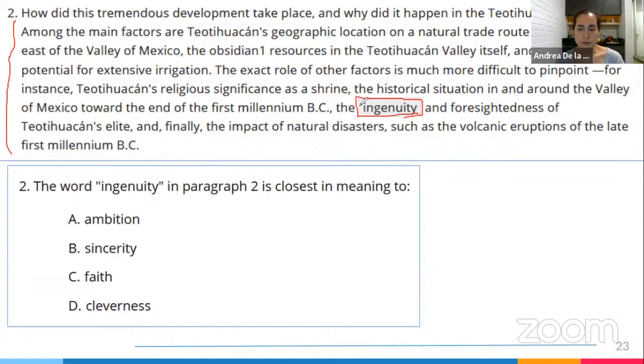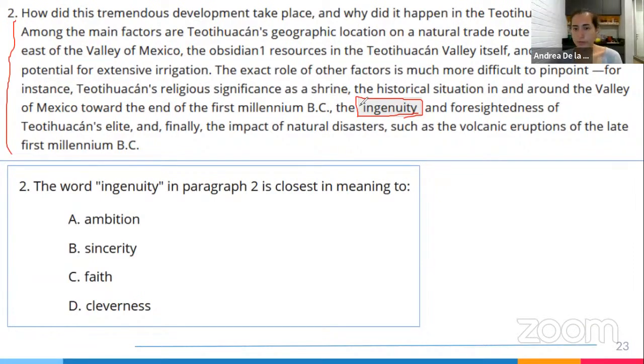I'm going to give you some seconds. What's this paragraph about?